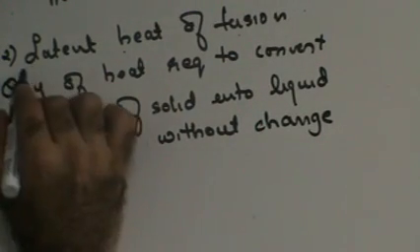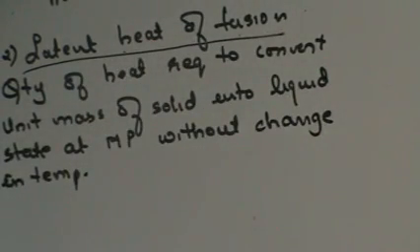That is what is latent heat of fusion. Fine, do we understand this? The amount of heat required to convert unit mass of ice into unit mass of water without changing the temperature is called latent heat of fusion.